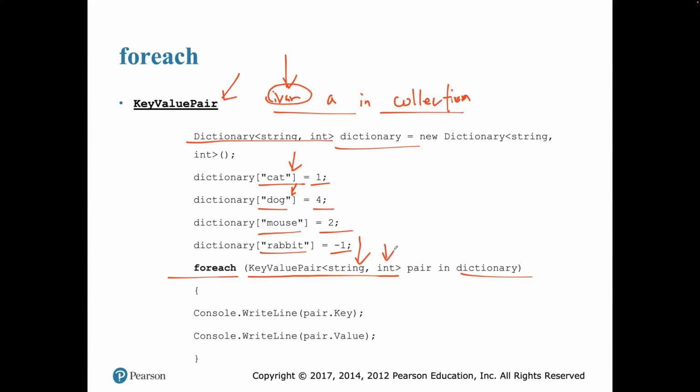Then we put the data types for the key and the value. It should be consistent with the dictionary you defined at the start. Then once you're going over every element, we use the pair, which you defined with KeyValuePair string int, with the properties .Key and .Value. So this is basically the way we use foreach with a dictionary.